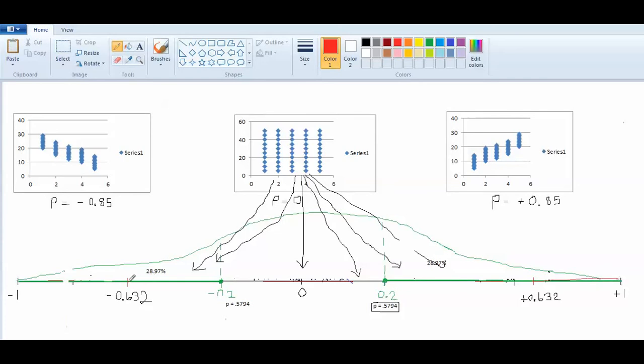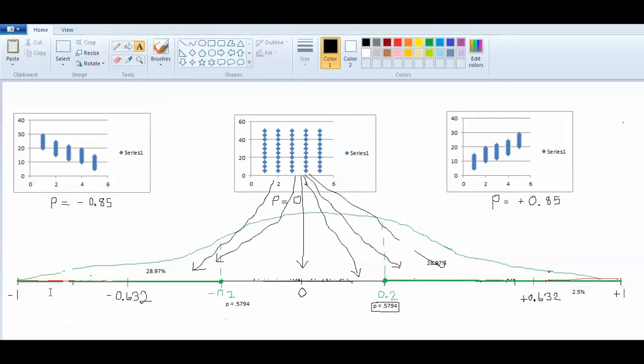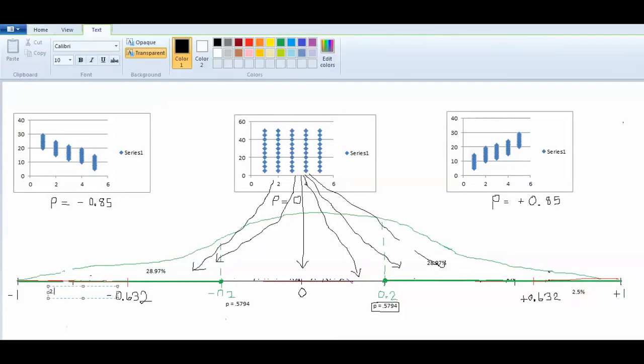And roughly 2.5% of them will end up in this area out here, going from negative 0.632 to negative 1. So 2.5% and 2.5%.